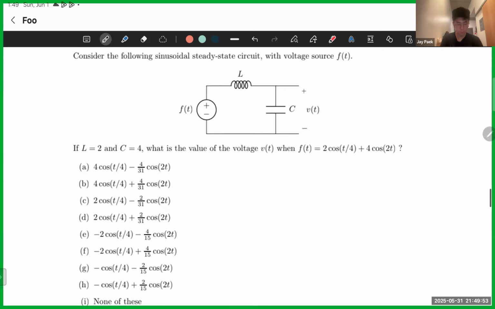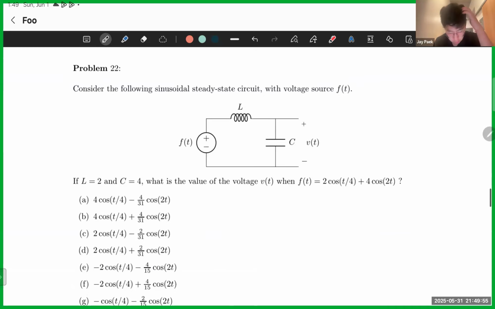Okay, next question. Problem 22. Consider the following sinusoidal steady state circuit with voltage source f of t. If L equals 2 and C equals 4, then what is the value of the voltage v of t?